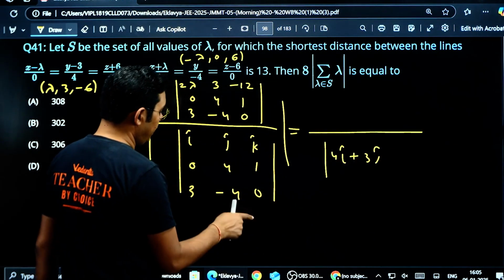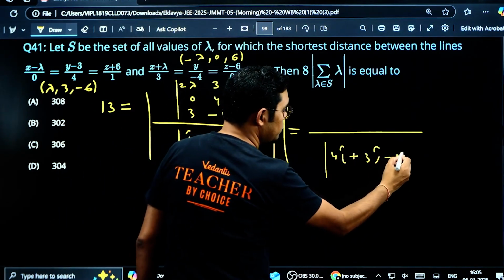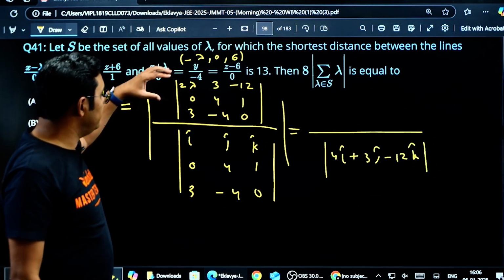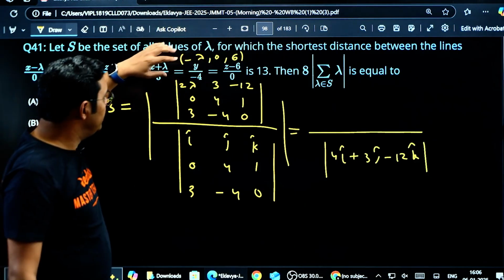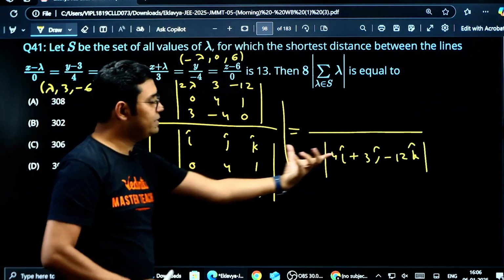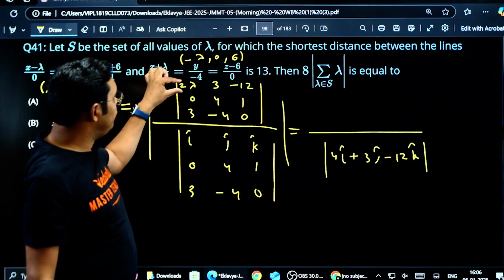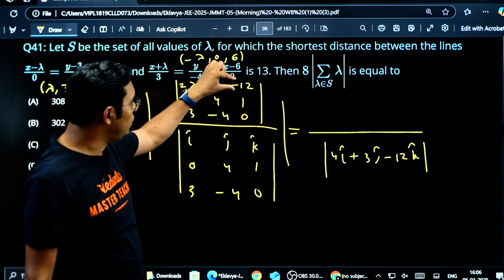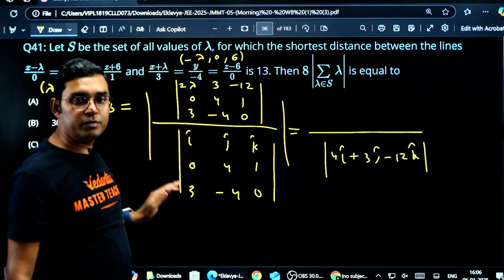And for k it will be minus 12 k cap. If you look at this, the numerator is actually the dot product of the first row with this vector only. If you consider the first row as a vector, then for this determinant it is just the dot product of the first row with the vector obtained from this cross product.